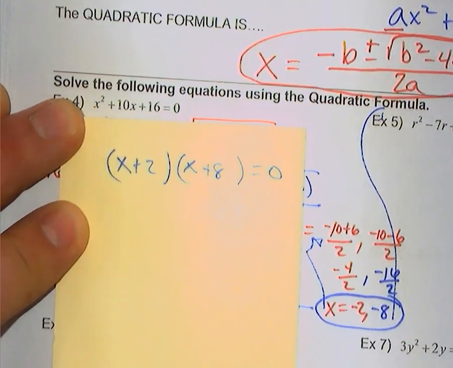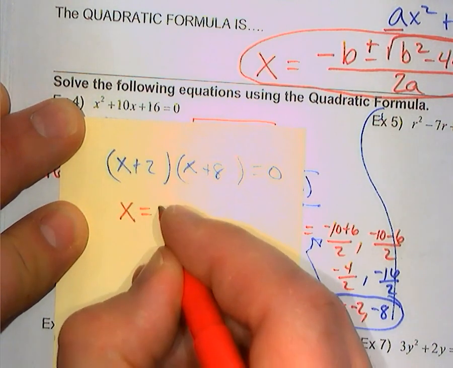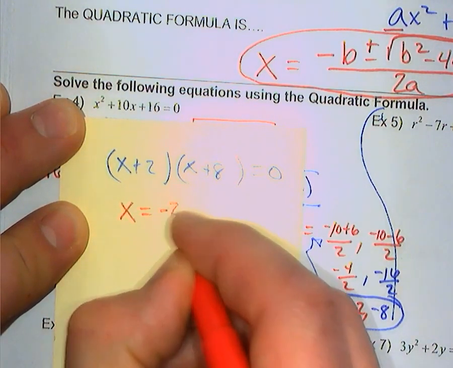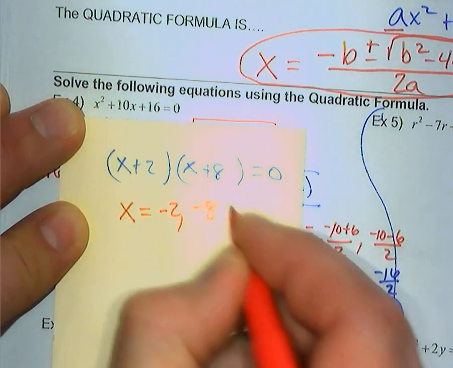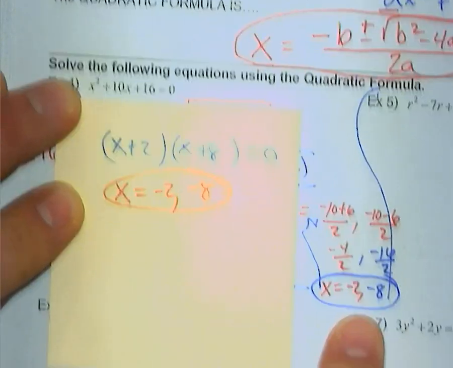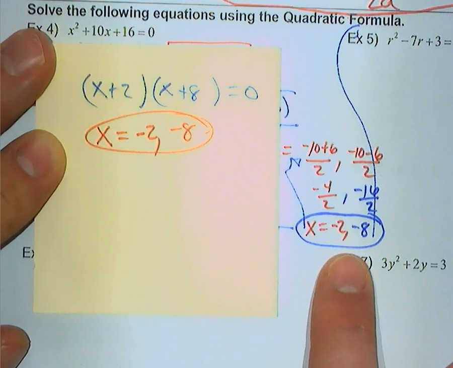Don't those multiply to give you 16 and add together to give you 10? And then the solutions are the opposite of what you see. So if that's plus 2, the answer is negative 2, and you have x plus 8, so negative 8. Isn't that what we got using our new little formula?